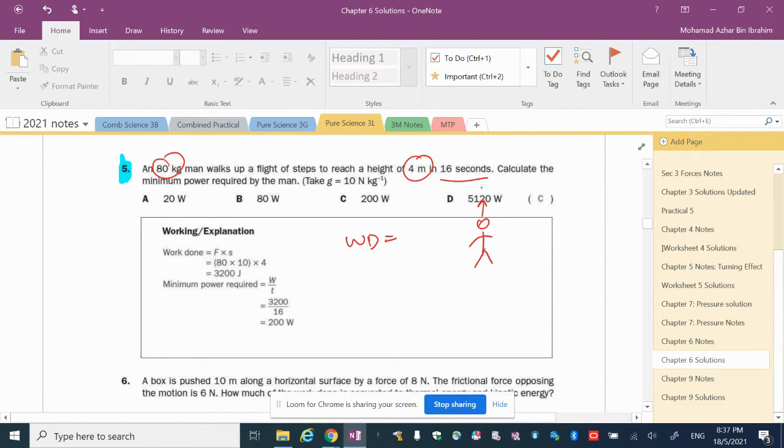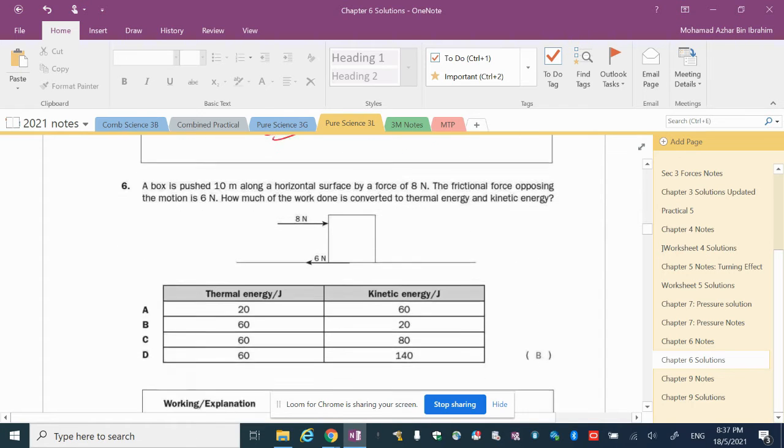It must be equivalent to 800 newtons because his mass is 80 kg, which means his weight downwards is 800 newtons. So the very minimum he needs to apply is an 800 newton force. So he needs to do at least 800 newtons over a distance of 4 meters. And then you calculate that, you get this amount. This is the work done, and he does this amount of work in 16 seconds. So just divide by 16 to get the power.